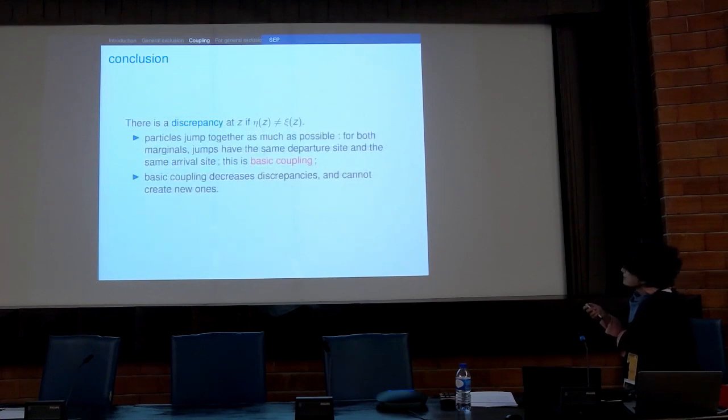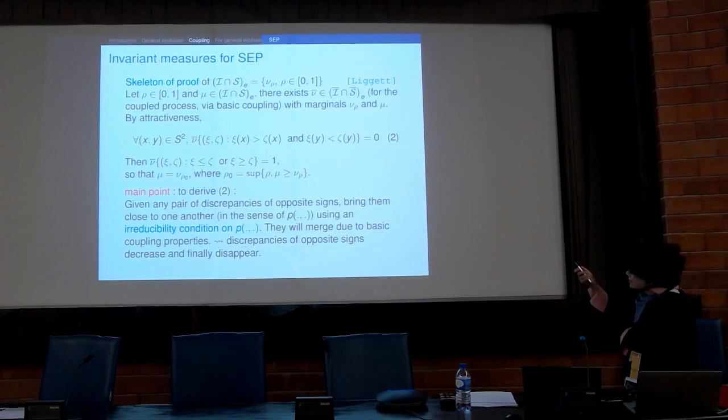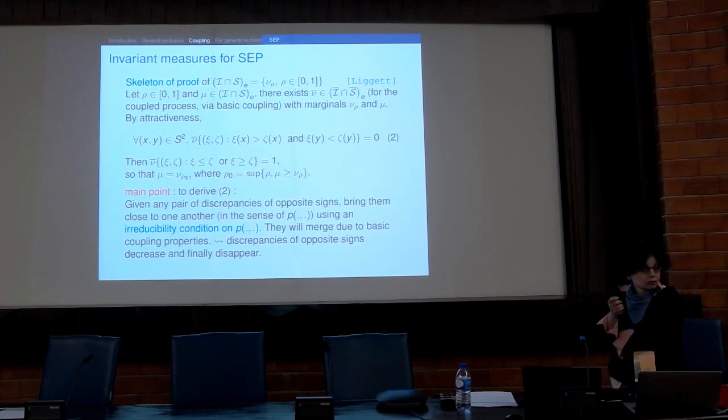This merging is exactly what happens with this proposition, which is the main thing. And then, using some irreducibility, you prove that the two configurations are ordered, and so mu must be one of the nu rows. So the main point is to prove that you cannot have discrepancies of opposite sign within the dynamics.